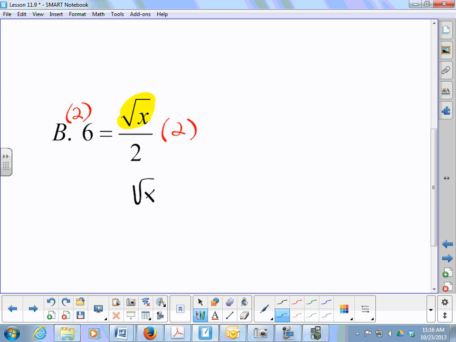Square root of x equals our friend 12. Dozen donuts is always good, or a dozen eggs. We've isolated it, so we square both sides. x equals 144.